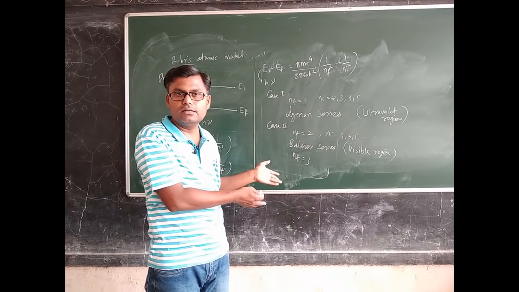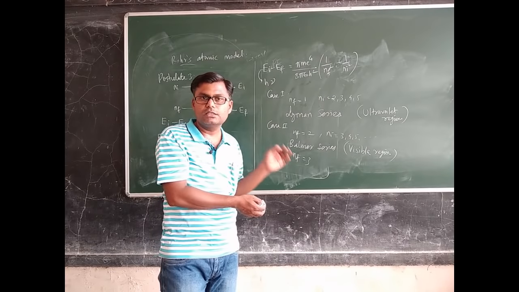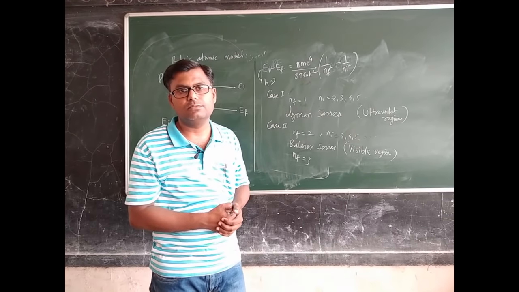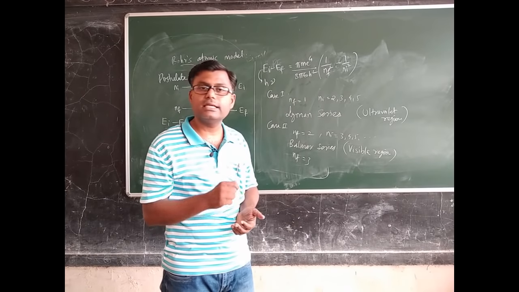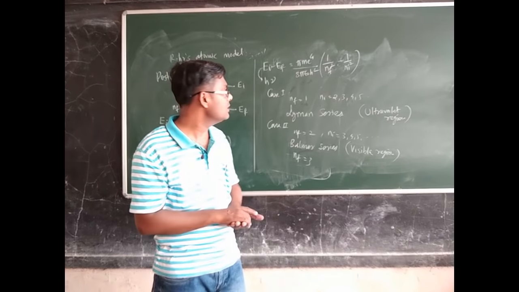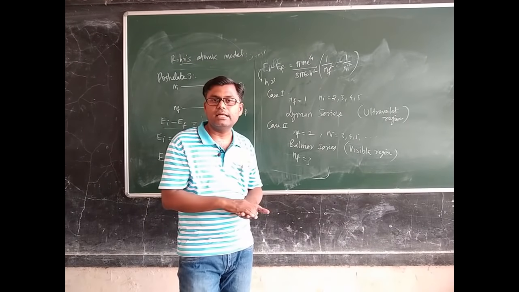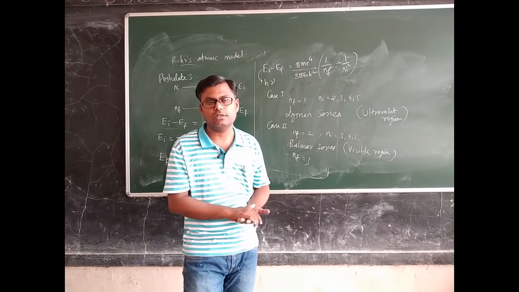So whether this particular explanation can solve the mystery of the hydrogen atom spectrum, this is the curious question for you. I hope that until the next lecture you will think about whether this particular model is very successful or not.